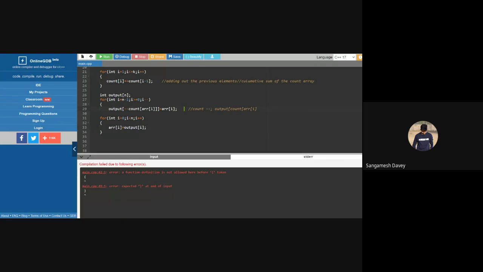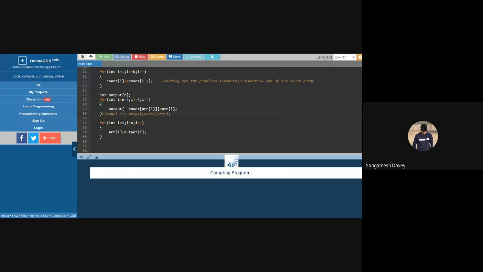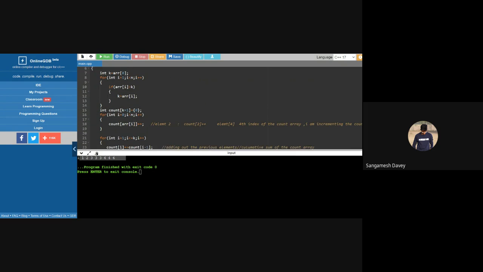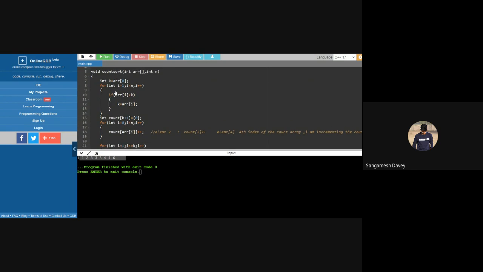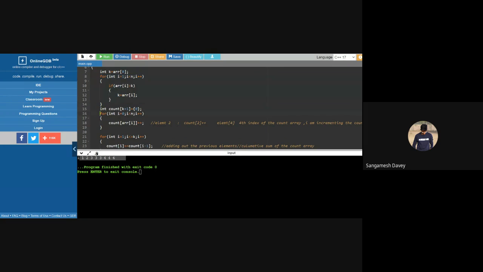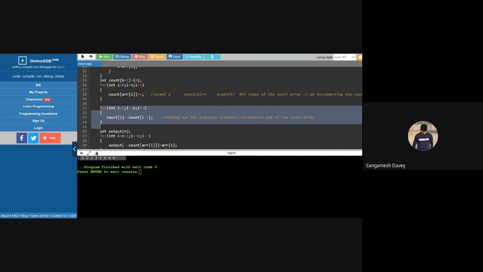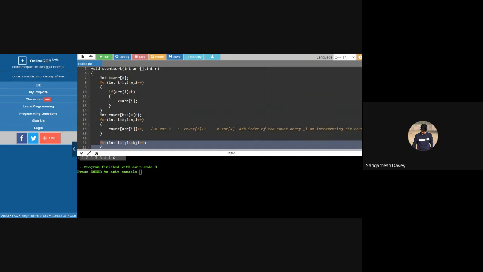Validating this. Good. The same example, and this works in O of n. If you actually calculate the time complexity correctly, this is one loop, so O of n. This is another loop, so O of n. This is another loop, so it's actually O of k, and what is k?